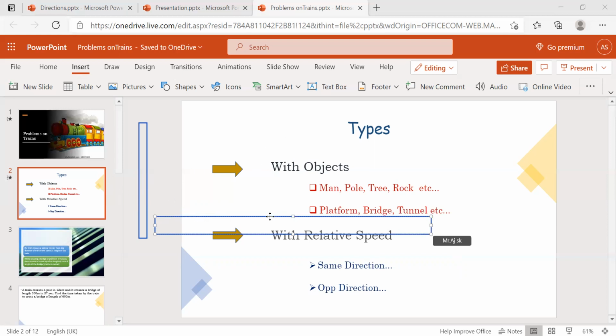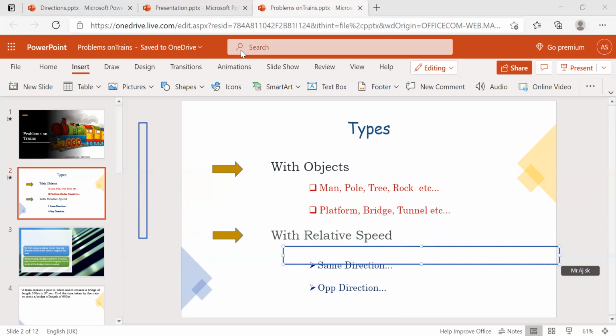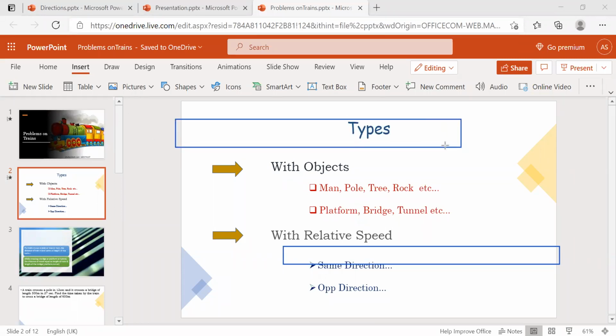Okay. Now, the second condition. Let us see it first, then we'll go with another one. For better understanding, I'll take a blank one, then it will be easy for you.